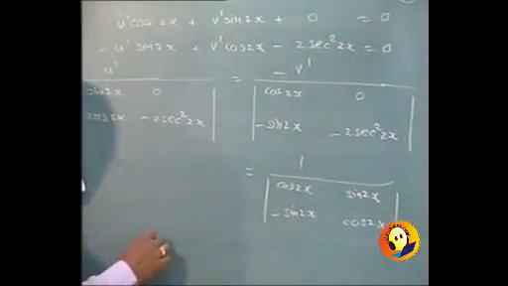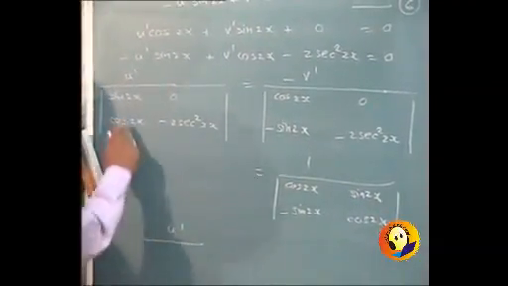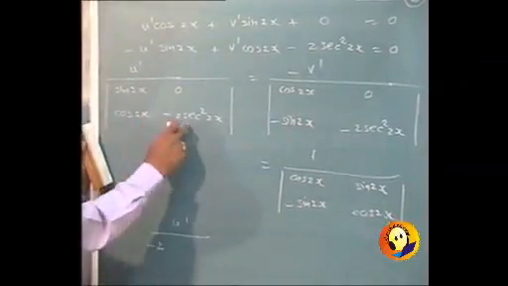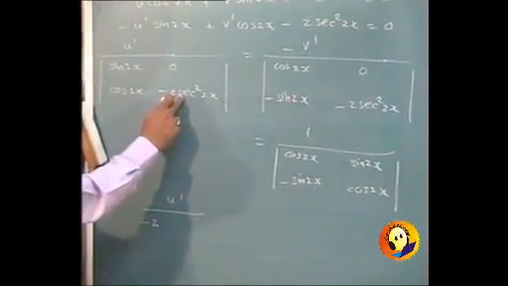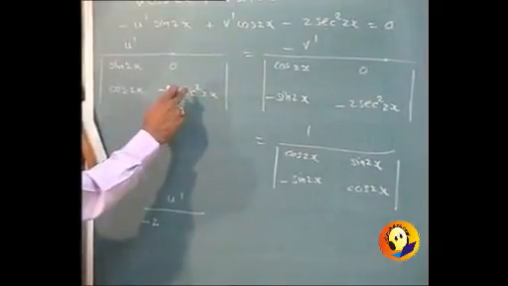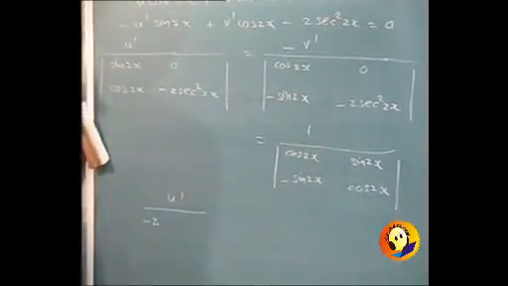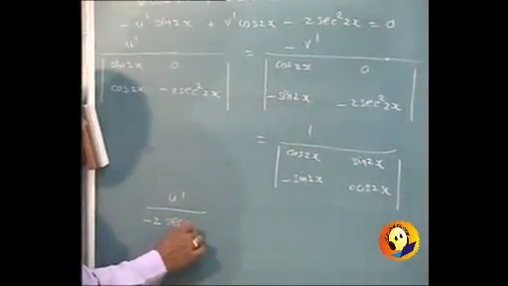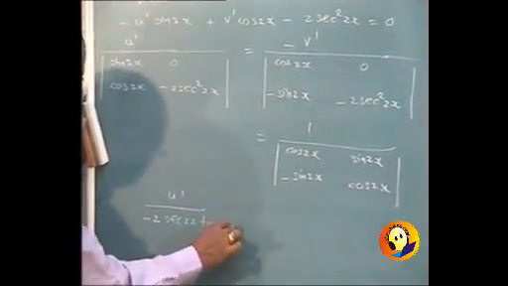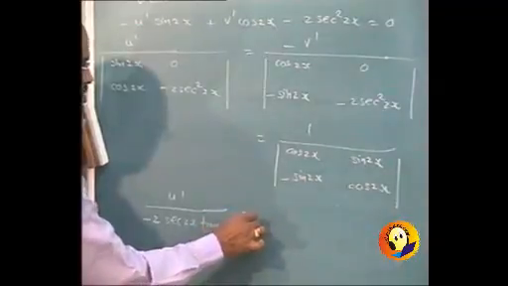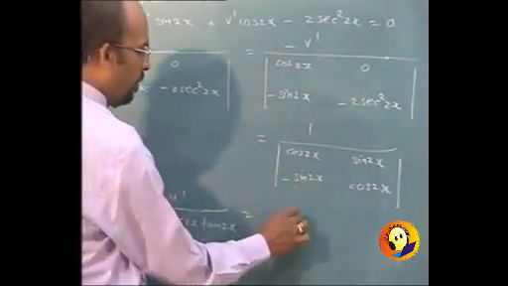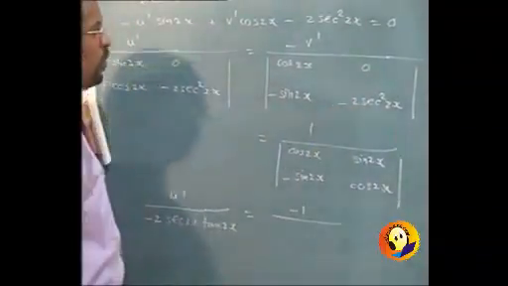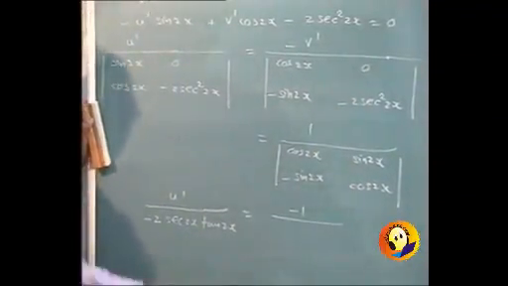When we solve this, it will be u dash upon sin into sec square, minus 2 is already there. So sin into sec square, 1 sec will remain and 1 sec, that is 1 upon cos, will merge with this sin to form tan. It is minus 2 sec 2x tan 2x equal to minus 1 upon cos into sec square. Sec square is 1 upon cos square, so 1 cos will cancel and 1 sec will remain.